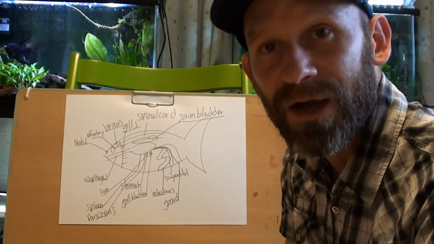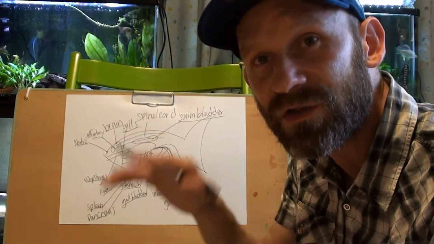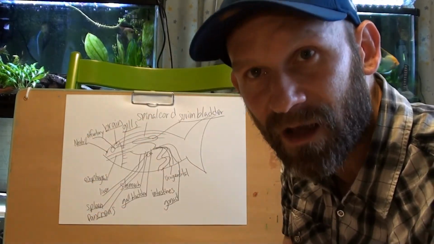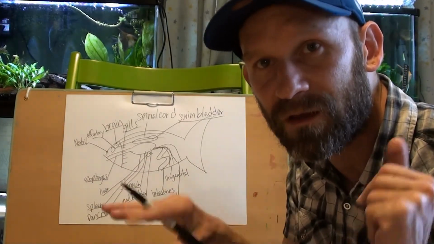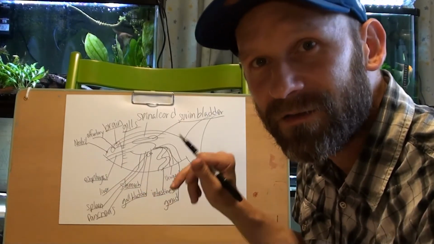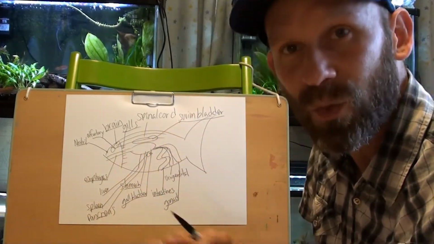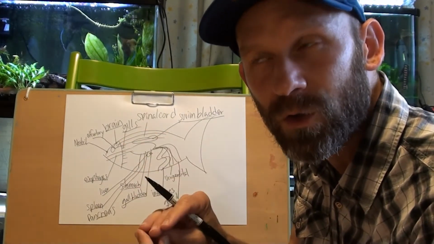The swim bladder gives the fish buoyancy, allows the fish to swim without sinking, without using a whole lot of muscle and action to keep itself floating.